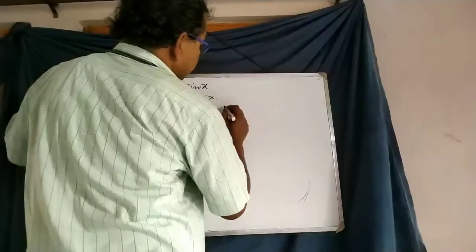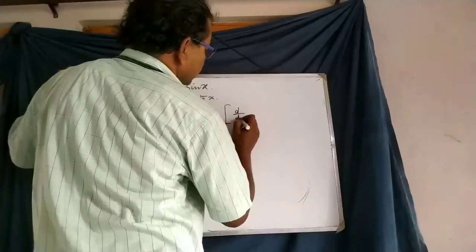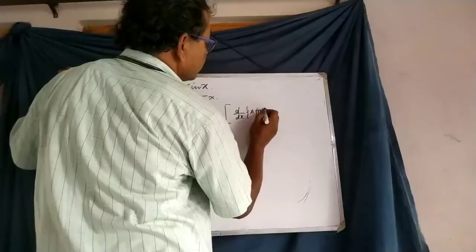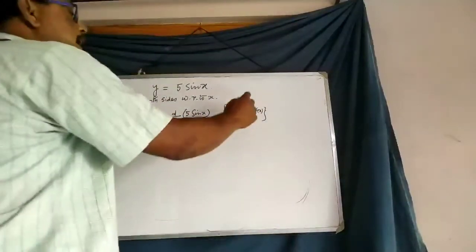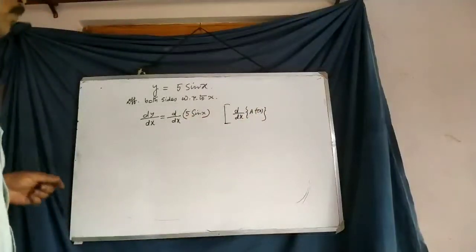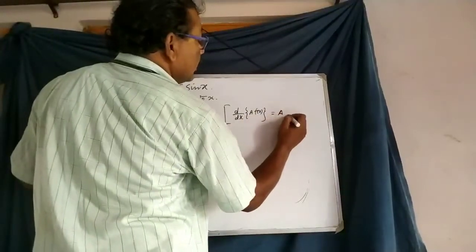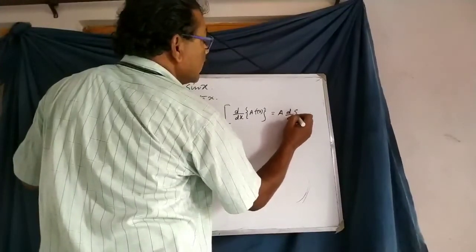Now here we apply the rule d/dx of a into f(x). Compare the function 5 sin x with a f(x). Then we will get 5, and this rule is a into d/dx of f(x).